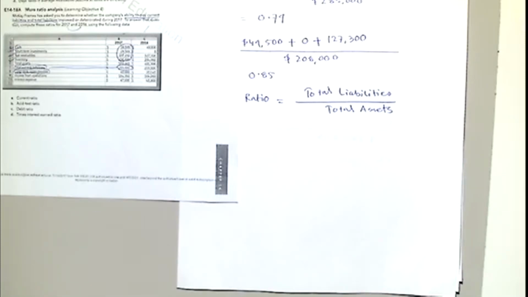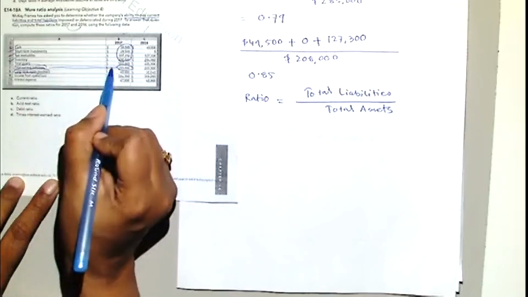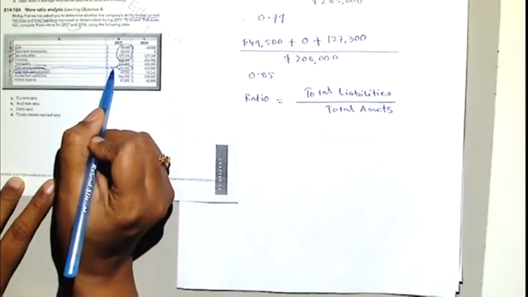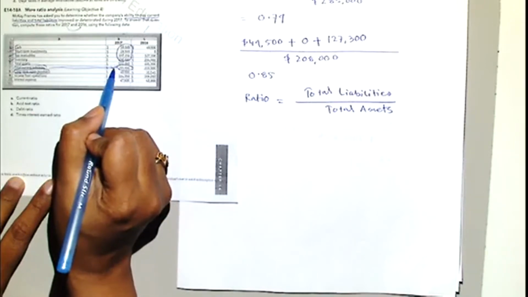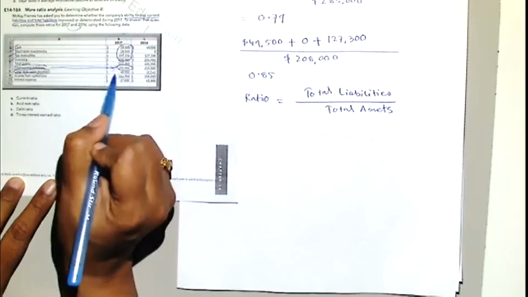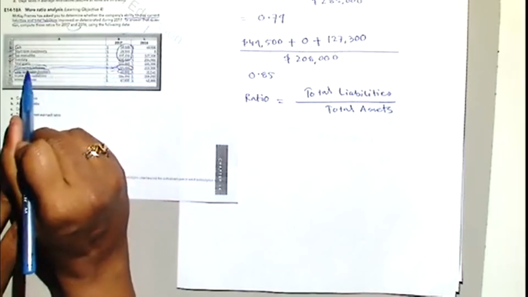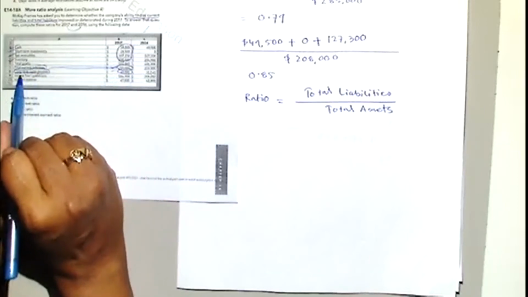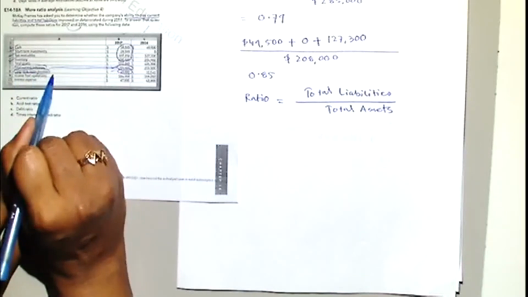These are assets. That means if I ask you to check what is their total liabilities, you have to consider both their current or short term liabilities, another name for current is short term, and long term. That means their total current liabilities plus their long-term notes payable.